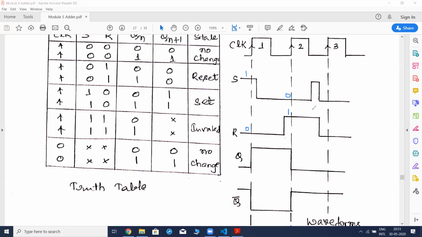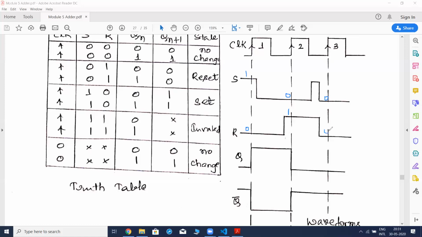R is 1. There is a change in the S input for a short duration of time, but this will not be noticed because our SR flip-flop will not see these changes. It will see only during the edge. So at the third clock pulse also, it will consider the input as 0.